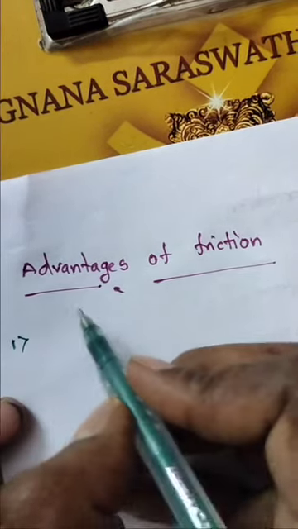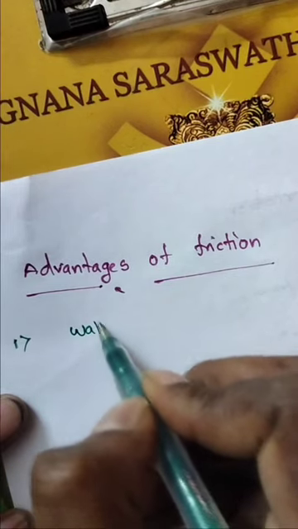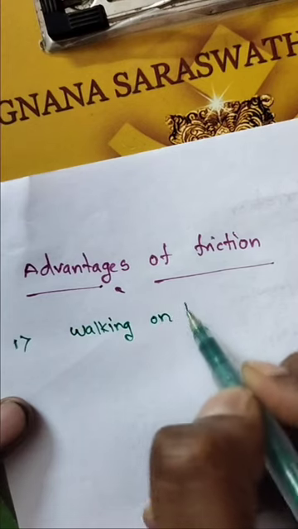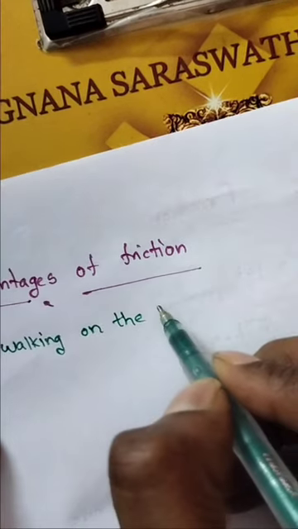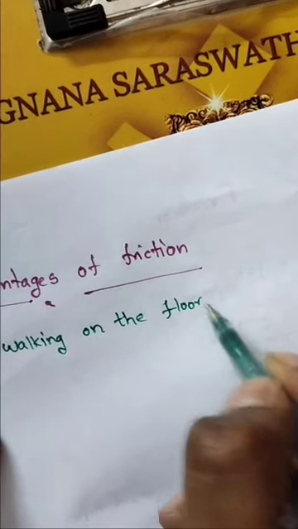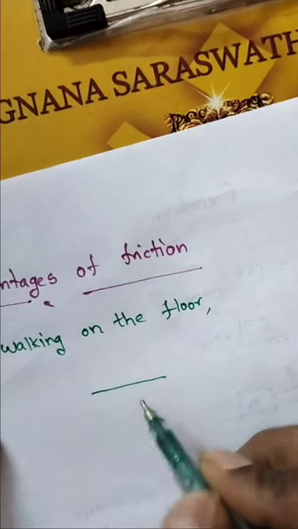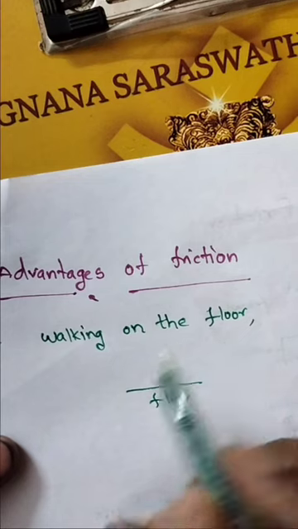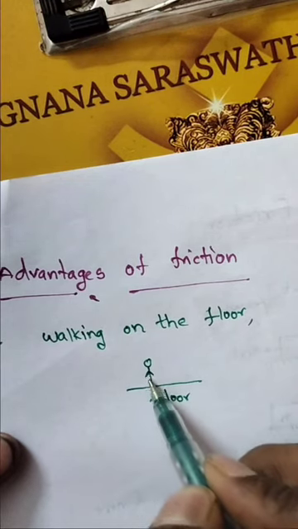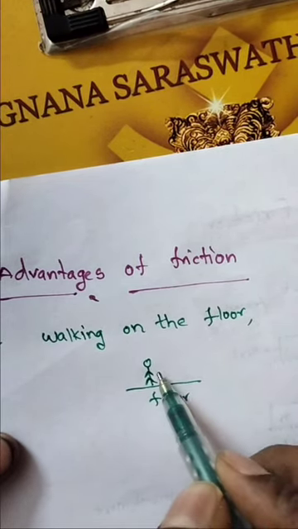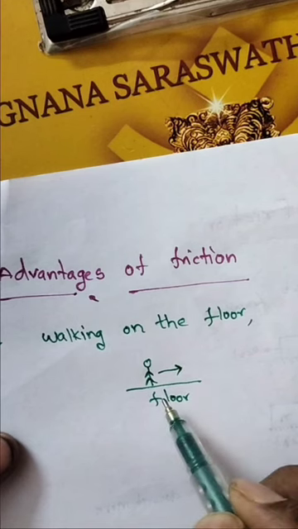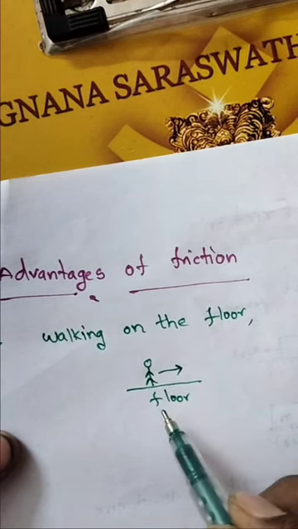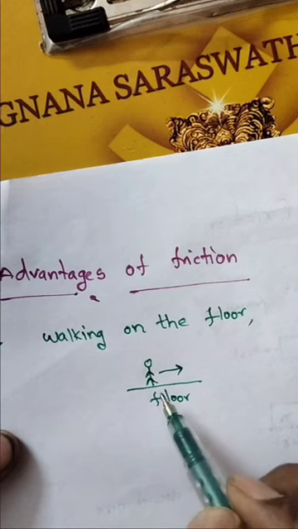What is the first advantage? Walking on the floor. Suppose I am assuming that this is a floor. The person is walking on a road or floor very easily, because their chappals and the floor have friction.